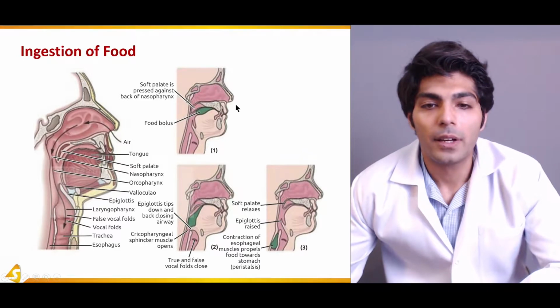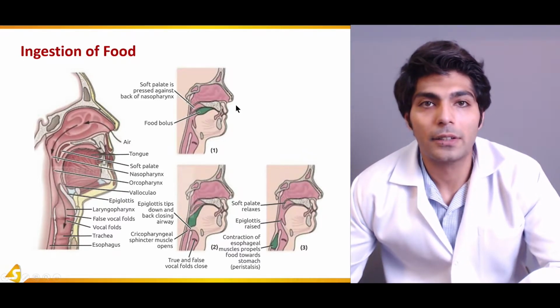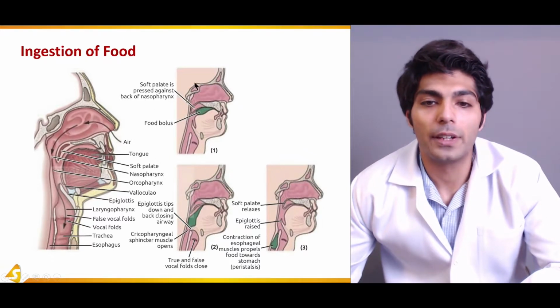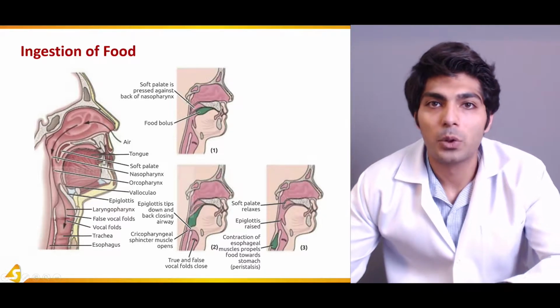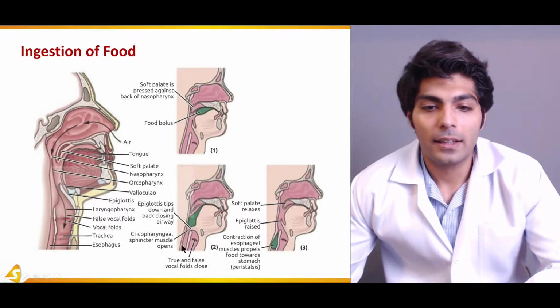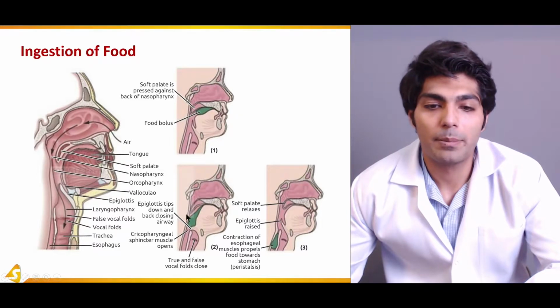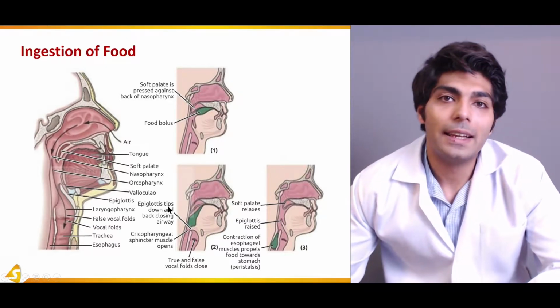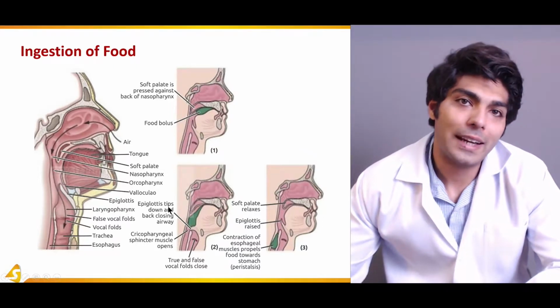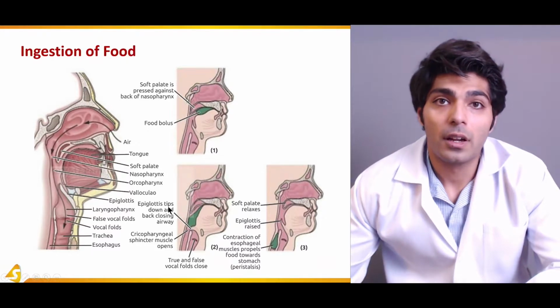Now in the first step, once the food is inside the mouth and ready to move into the pharynx, the soft palate is pressed against the back of the nasopharynx, and the food is voluntarily pushed with the help of the tongue into the pharynx. In the second step, the epiglottis tips down and back, closing the airways, and it covers the larynx so that there is no chance of food entering the trachea and causing a breathing problem.